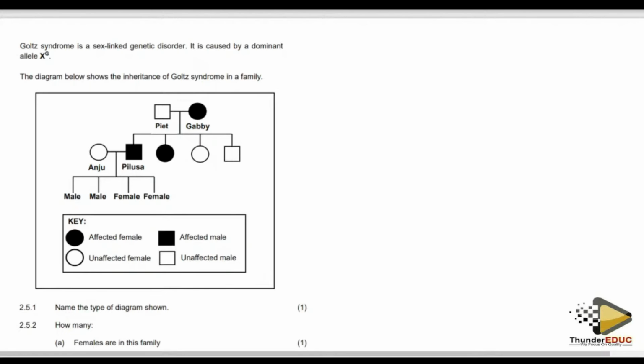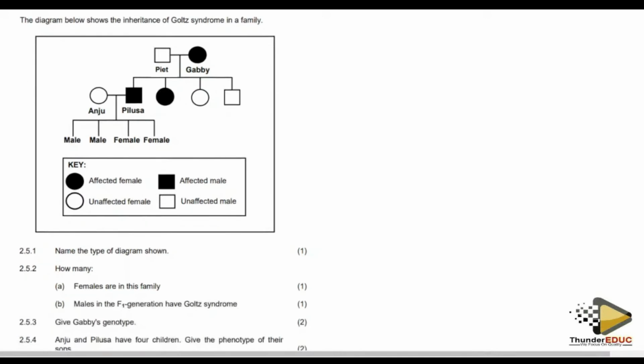It is caused by a dominant allele on the X chromosome. This shows that this is sex linked. I told you that you cannot use X and Y unless it's mentioned in the question. Or they're going to ask you, is it sex-linked or non-sex linked? The diagram below shows the inheritance of this syndrome in the family.